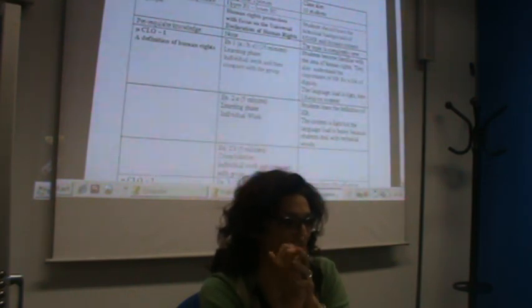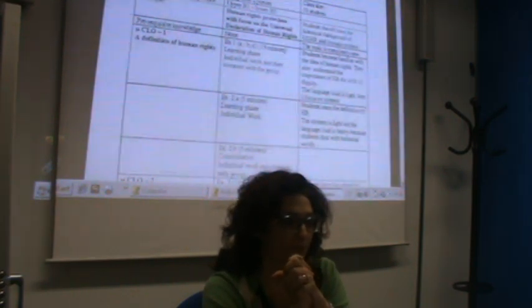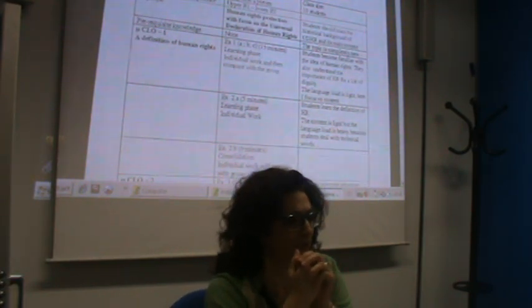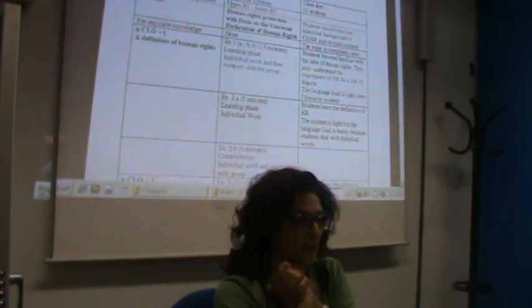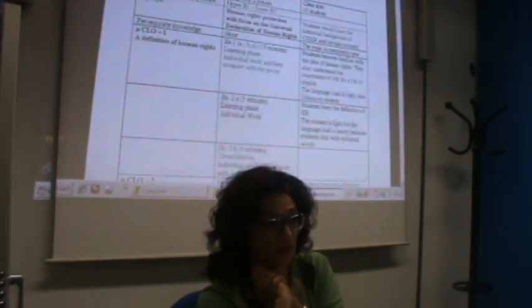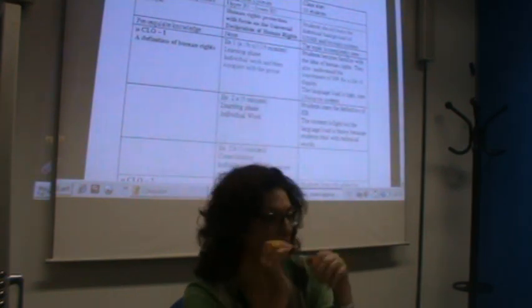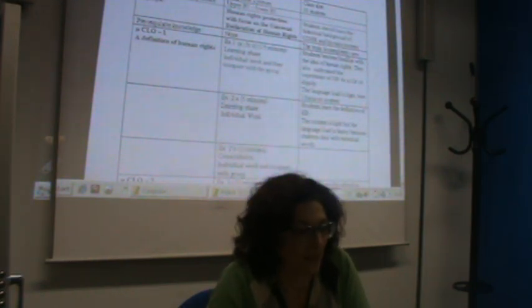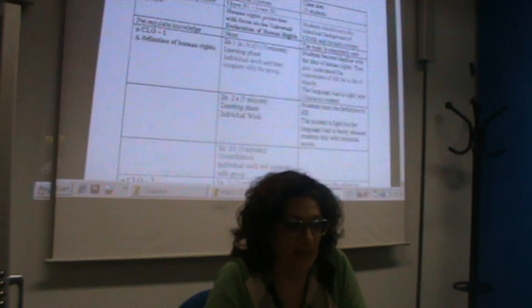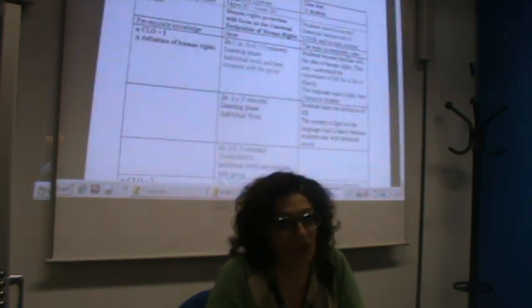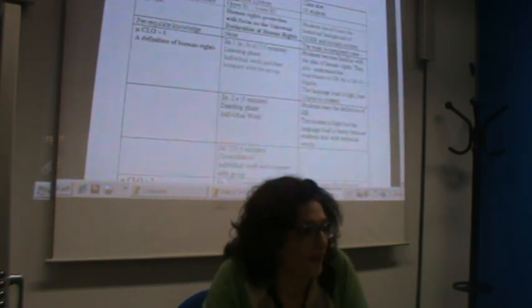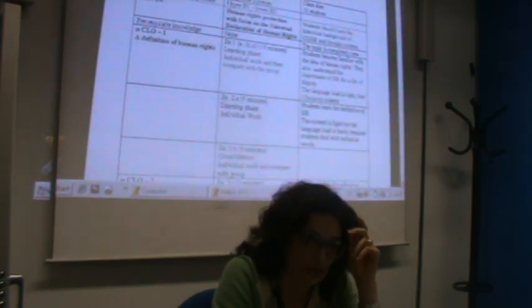So my students are of the fourth grade of Liceo Linguistico, and their language competence is upper B1, maybe B2 for someone. So when I had to choose my topic, I chose this because I think this is a very good topic for a CLIL lesson, because the Universal Declaration is a topic of public international law, and I thought that maybe the idea of human rights might be interesting for my students.